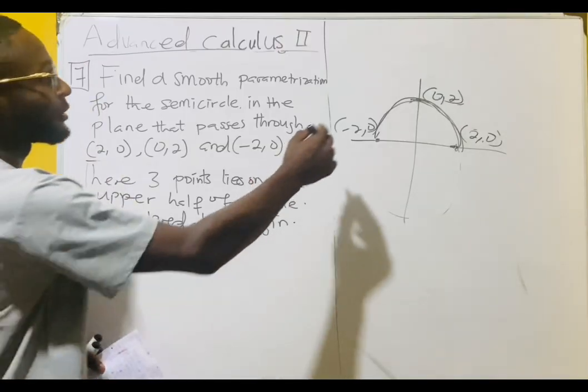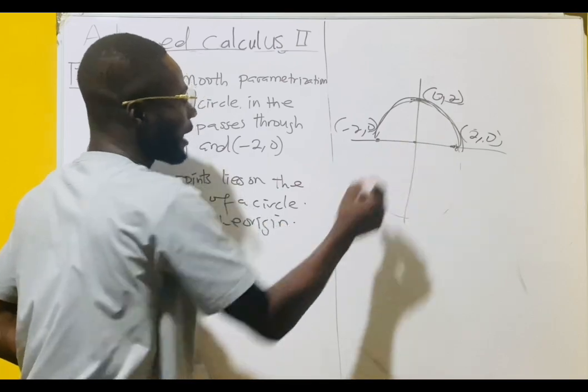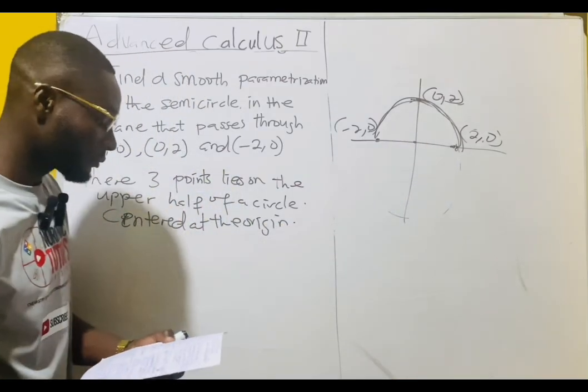Okay, so these 3 points are centered at the origin. You can see they are all centered at the origin.